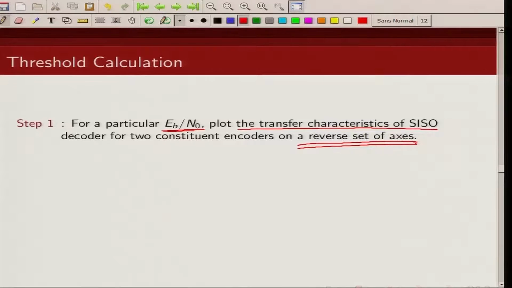Now, what do I mean by reverse set of axes? For the first decoder, my SNR in is on the x axis and SNR out is on the y axis. For the second decoder, my SNR in is on the y axis and SNR out is on the x axis. Now, why do I do this? Because the extrinsic information of the first decoder is input to the second decoder.